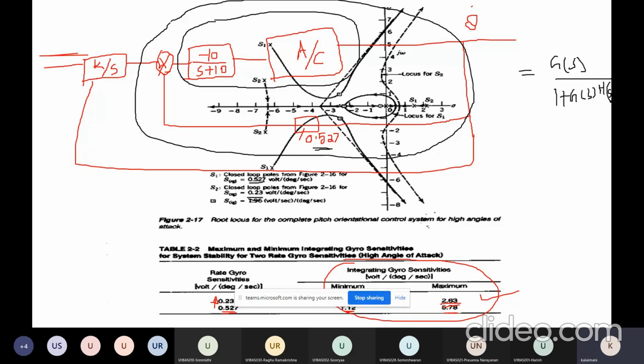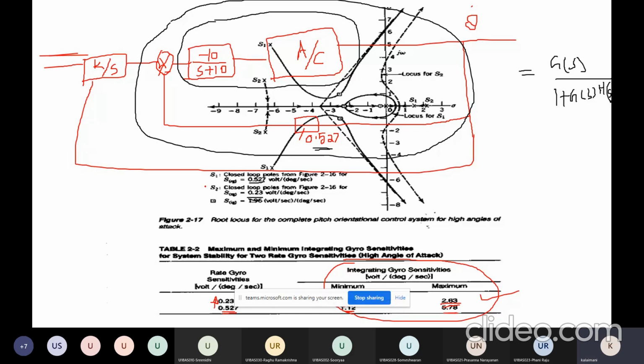Now while investigating these root locus branches, where the rate gyro sensitivity value is 0.23, the root locus branch is S2. So S2 is now in this location.